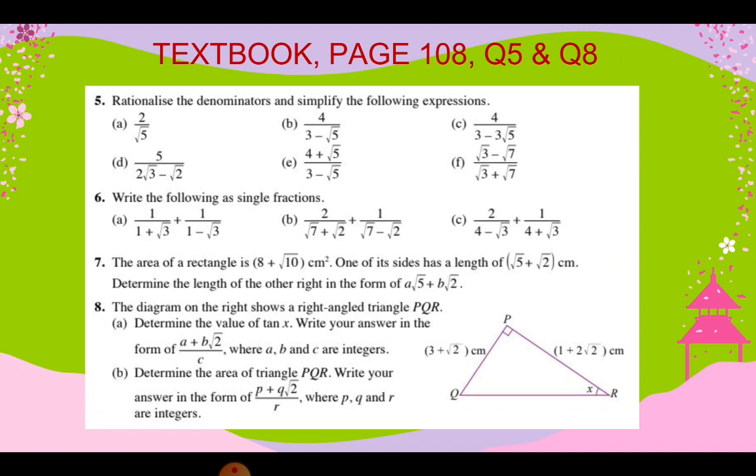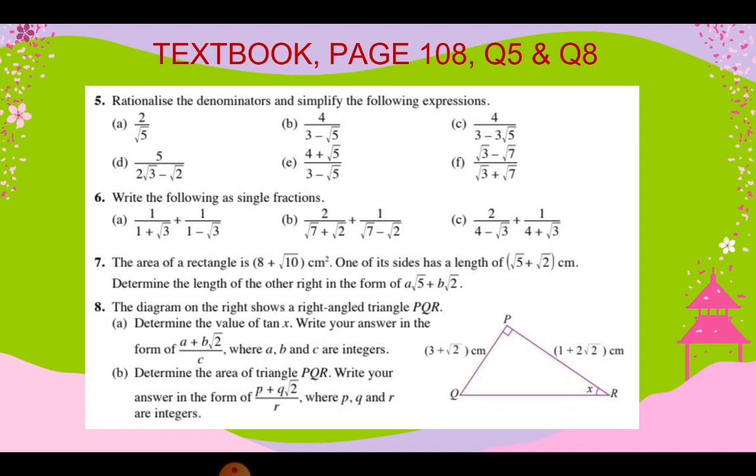So class, basically this is the lesson that I want to teach you for today. First, we have learned how to rationalize the denominator involving surd. Of course, we need to multiply with the conjugate surd. Again, what is conjugate?